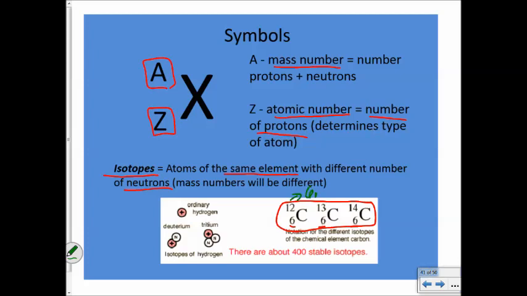But if you look here at this example, carbon 12 is going to have 6 neutrons. 6 protons plus 6 neutrons gives you that mass number of 12. Carbon 13, though, has 7 neutrons because 6 protons plus 7 is where we're getting that 13 from.